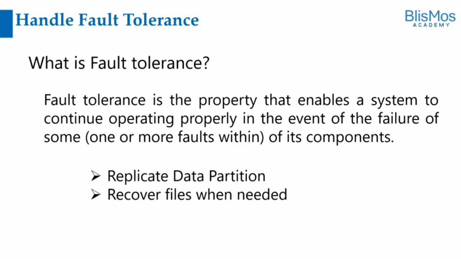For example, if you have a big data ecosystem with multiple components, multiple systems, multiple nodes, even if one of the nodes or systems comes down, it should be able to recover quickly and the whole system should not stop functioning. This is fault tolerance.